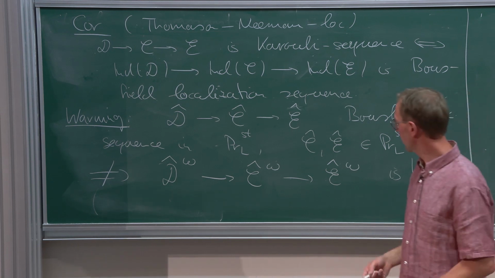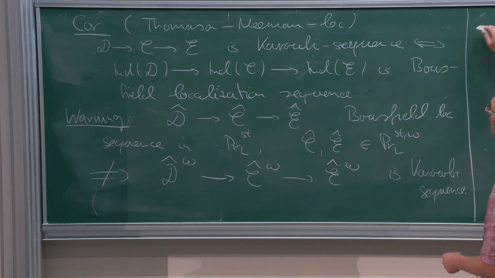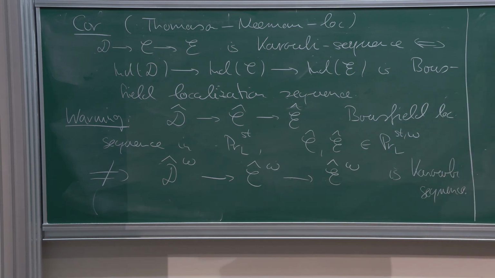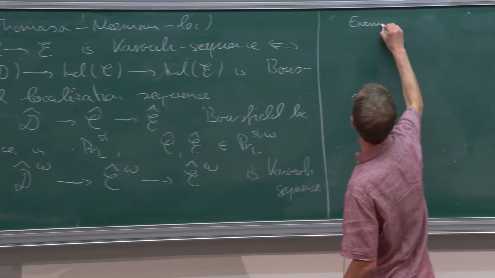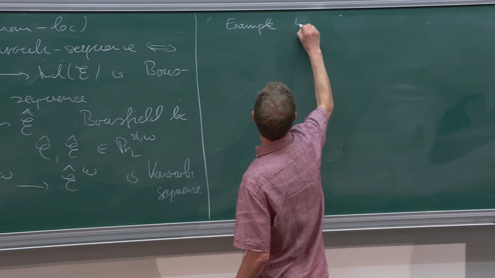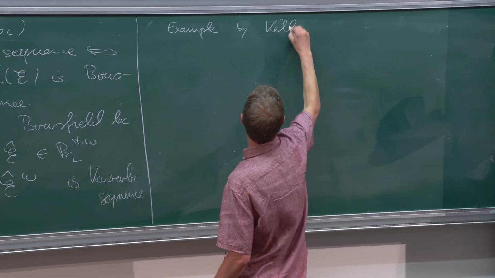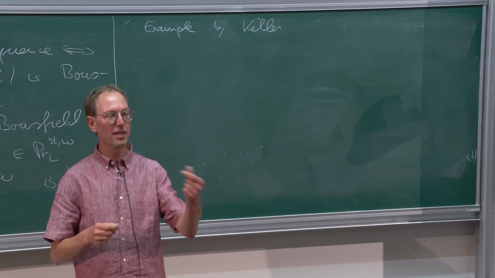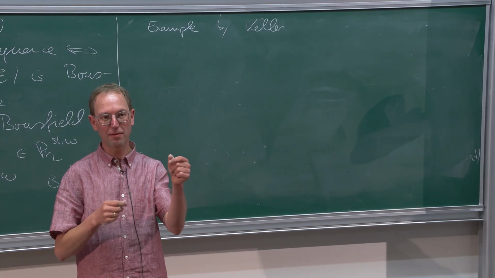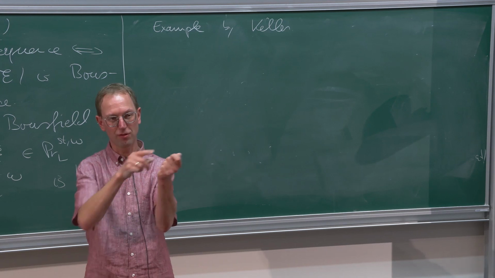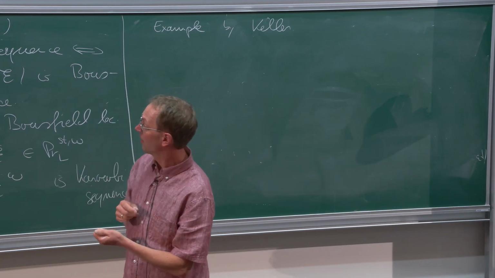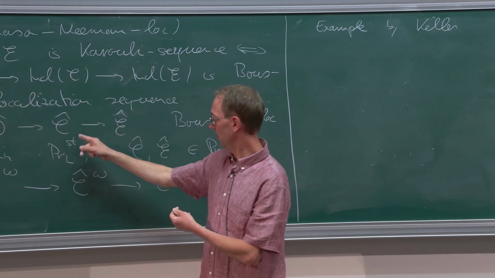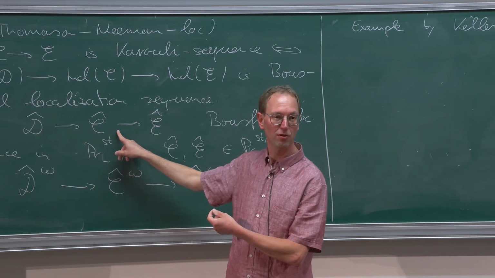So there's a famous counterexample, an example of precisely this situation by Keller, where you construct a ring together with an ideal, and you check that the map from this ring to the quotient by this ideal, on derived categories, gives you a Bousfield localization.